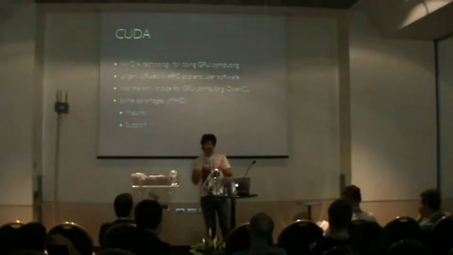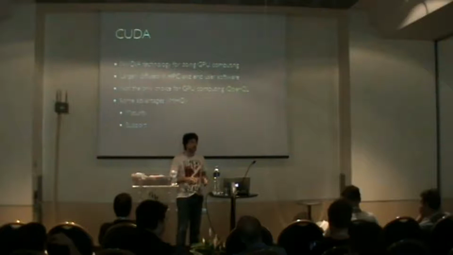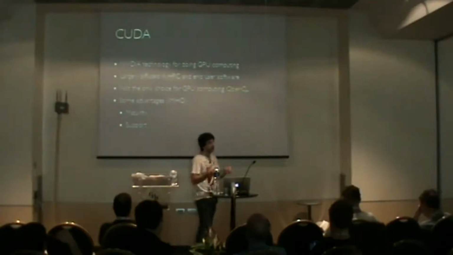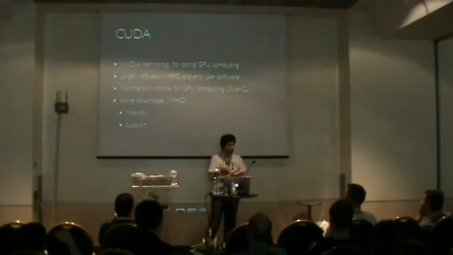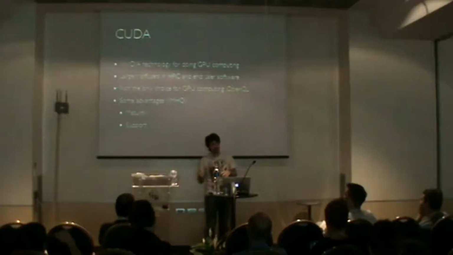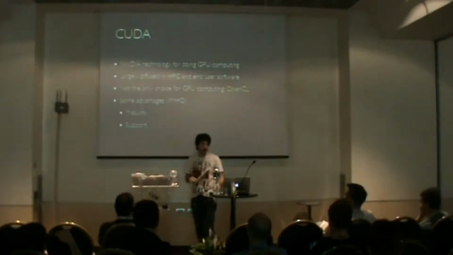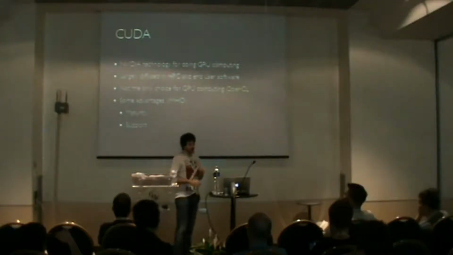OpenCL is very similar to CUDA. If we talk about the programming model, they are very similar. There are also automatic tools that you can use to translate CUDA programs to OpenCL programs and vice versa. I linked one tool on my reference site.